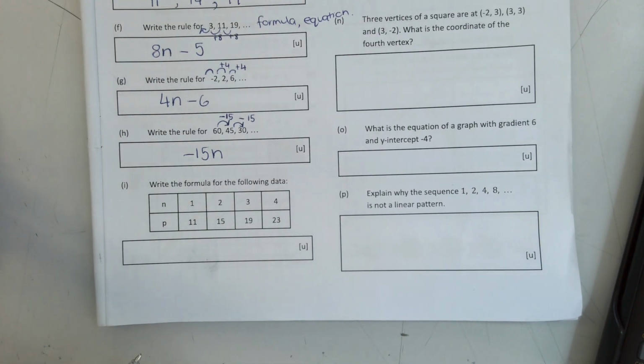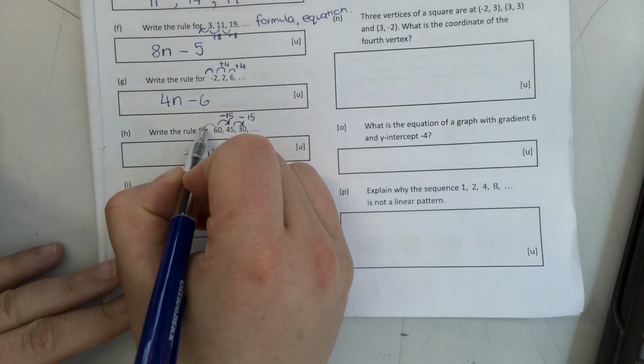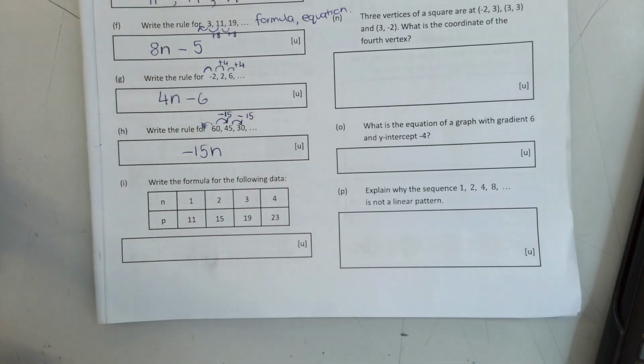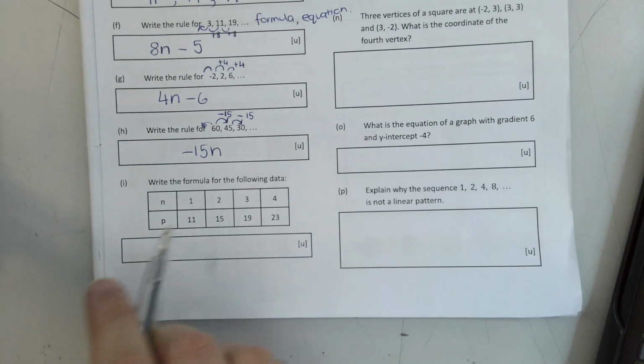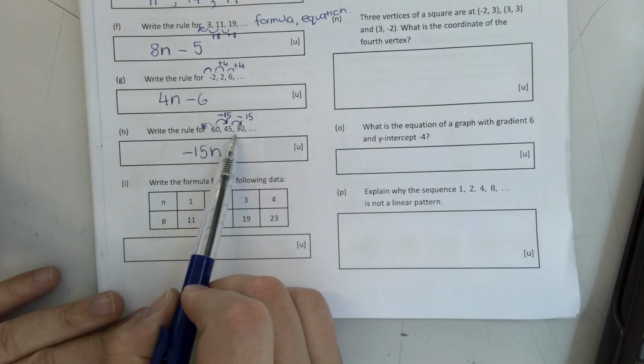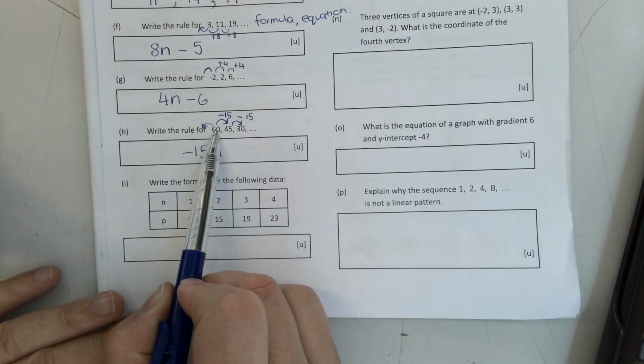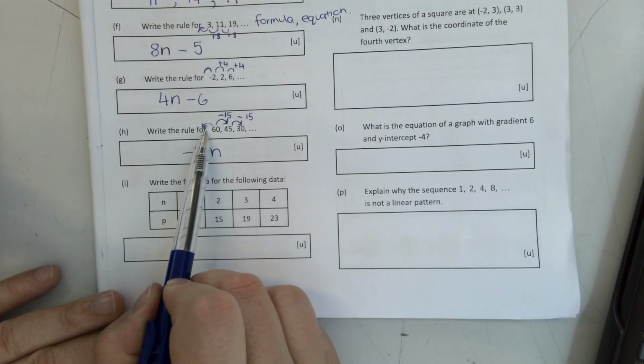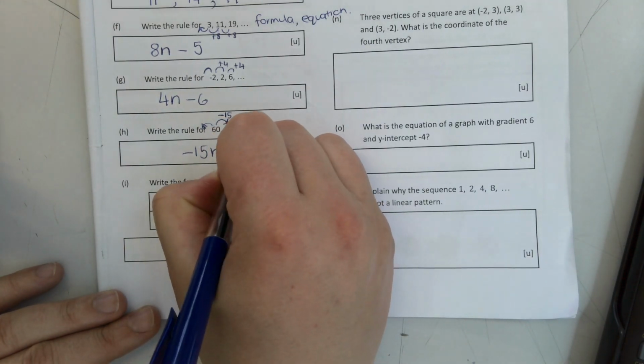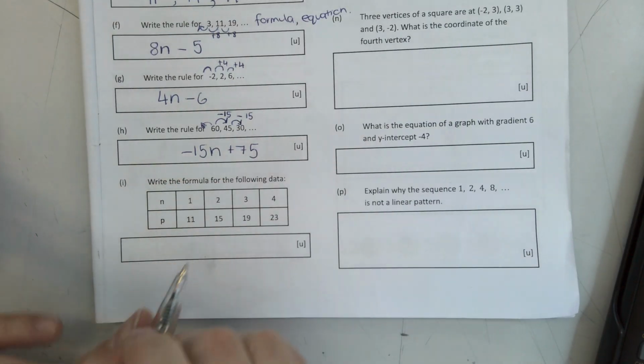Then I've got to ask myself, what would come in front or before 60? So I know that this number is going to be bigger than 60 because if you notice, that's getting bigger. So I would add on 15 to get me positive 75.